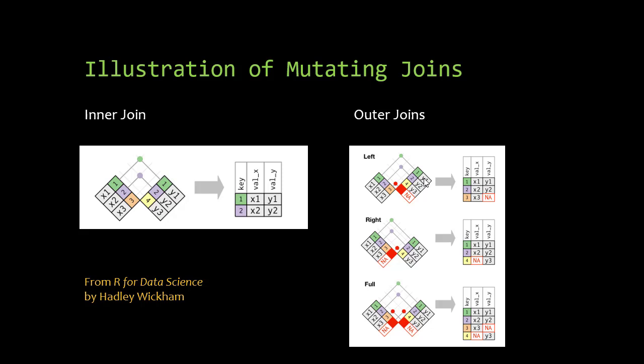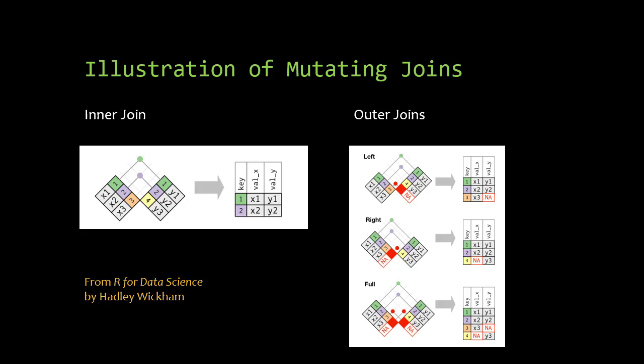And if we can, we add that variable to our new data set. So here we have joined row 1 because there was a match and we have x1 and y1. Row 2 because there's a match and so we have x2 and y2. Row 3, we did not have a match, but this is not an inner join.